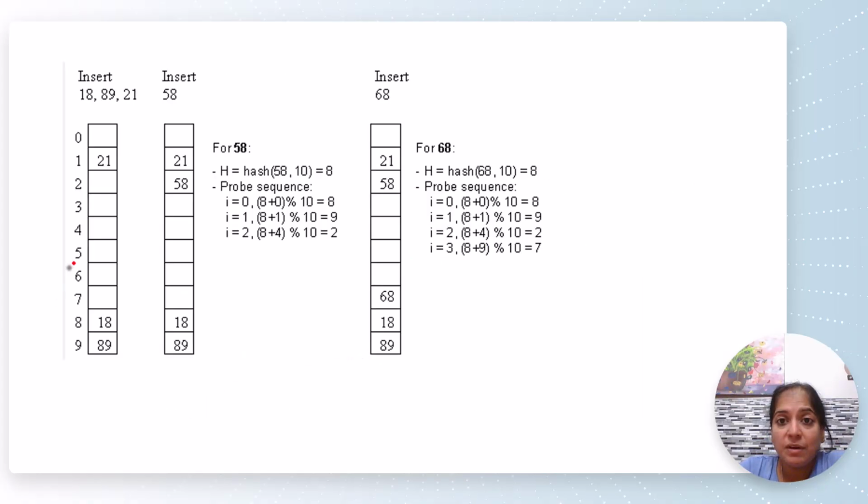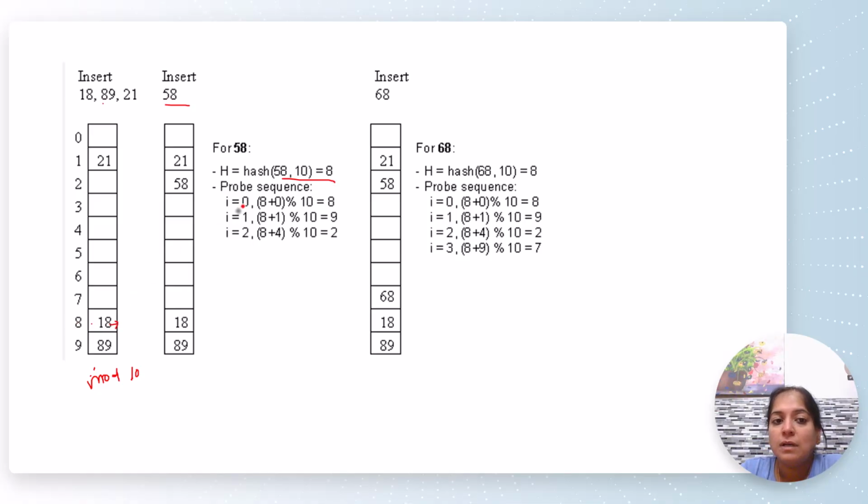Now, let's see one more example of how it works. We need to insert 18, 89, 21. Since the table size is 10, the hash function is mod 10. So 18 is inserted at index 8, 89 is inserted at index 9, and 21 is inserted at index 1. Now, we need to insert the value 58. 58 mod 10 gives me the index 8, which is already occupied.